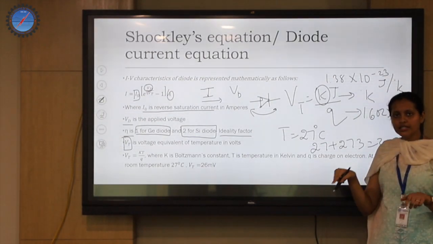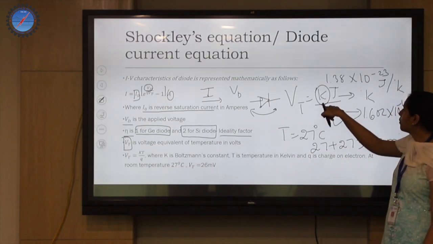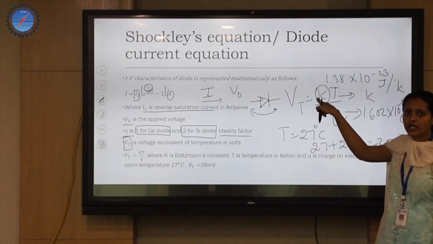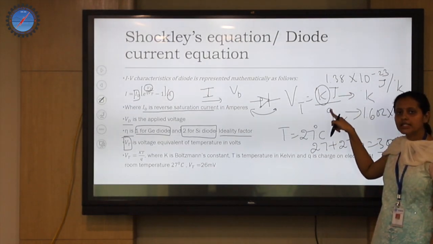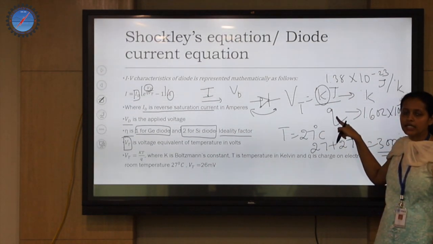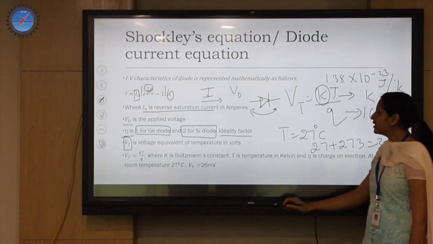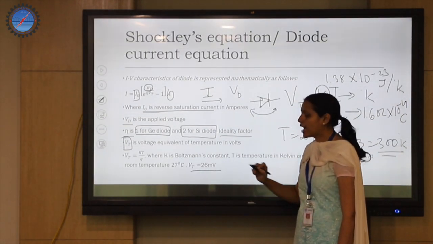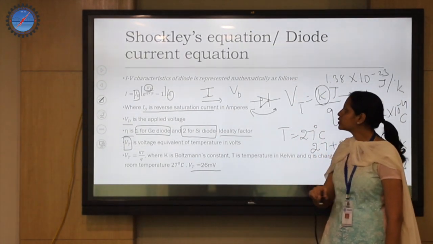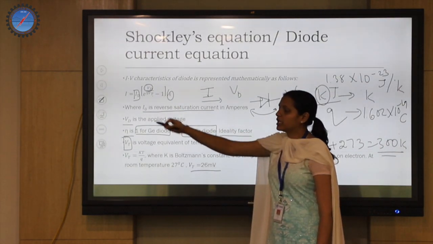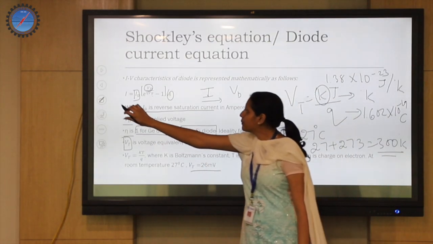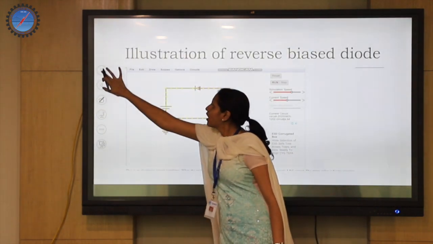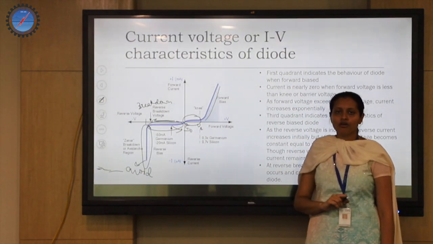Now if I substitute all these values in the formula, you get 1.38 into 10 to the power of minus 23 into 300, divided by 1.602 into 10 to the power of minus 19. If you solve all this, we get the value of the thermal equivalent voltage as 26 millivolt. So the value here is 26 millivolt. So this equation represents mathematically the IV characteristic of a diode.